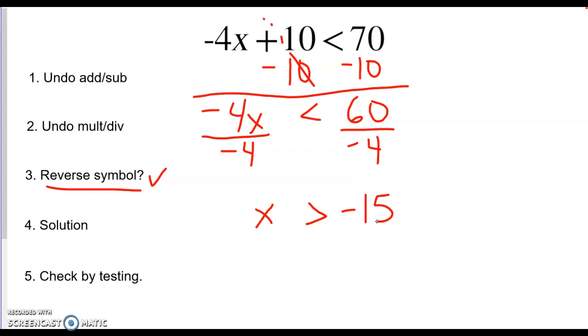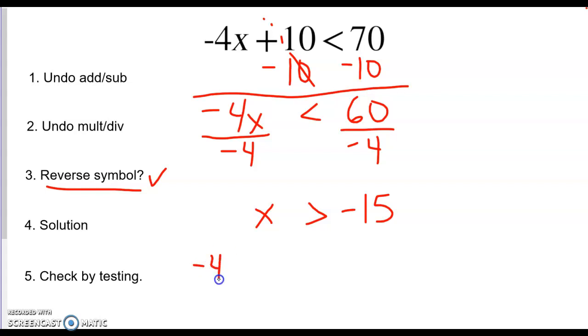Okay, there's my solution. Now I want to test it. I want to check it. And in this case, checking means we're going to pick a value and test it in the original inequality. So I need a number that's greater than negative 15. And I'm going to pick a nice round number. Negative 10 is greater than negative 15. And I'm going to plug that into my original inequality.